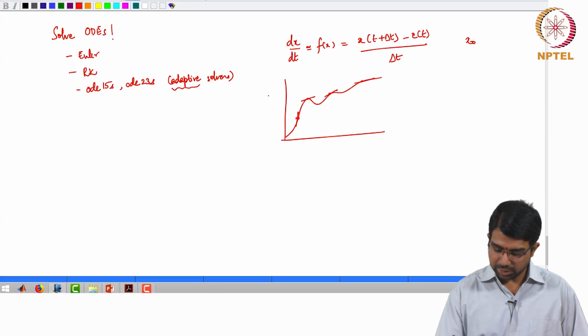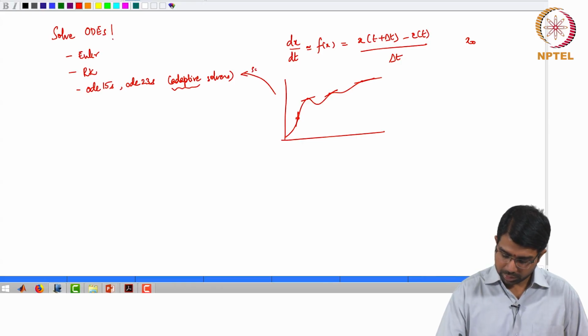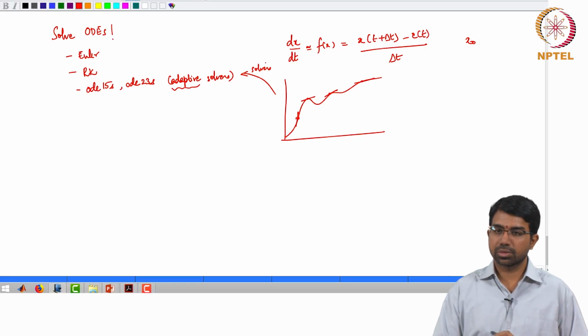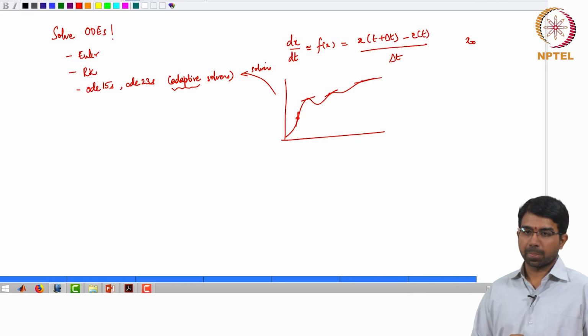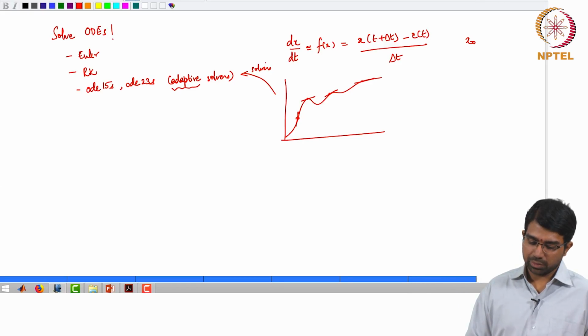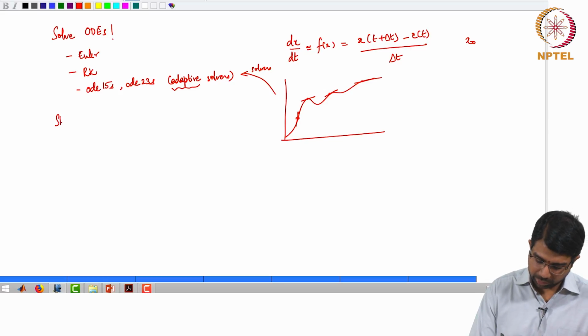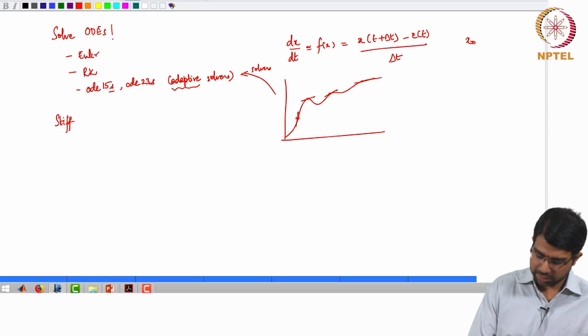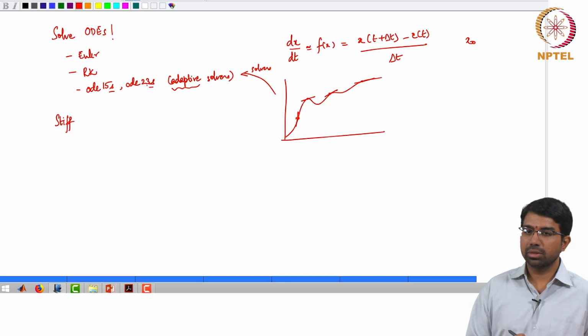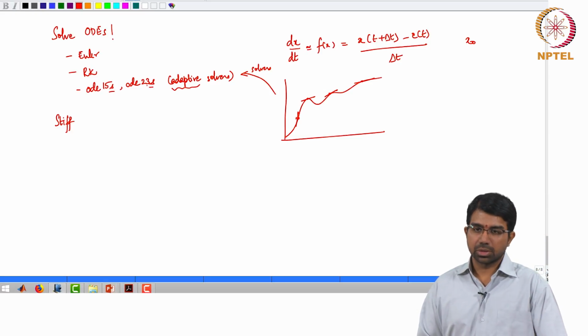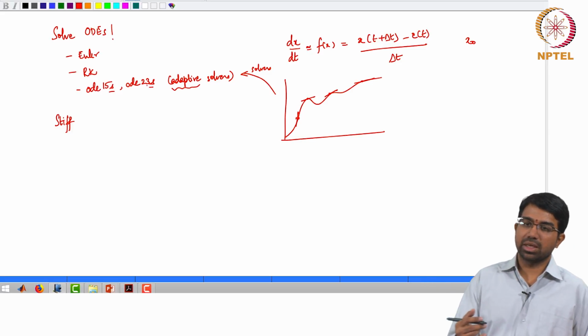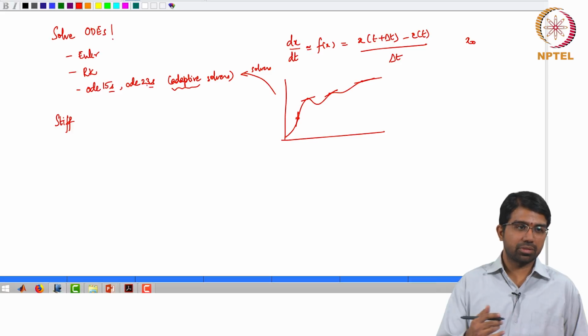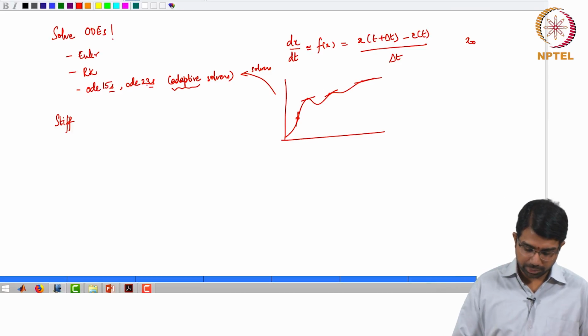So, for this you use several solvers, fair enough, and you also have to worry about stiff equations, which is what these solvers are good at taking care of. So, stiff equations typically involve several time scales. So, you need to have the varying delta t's to actually combat them.